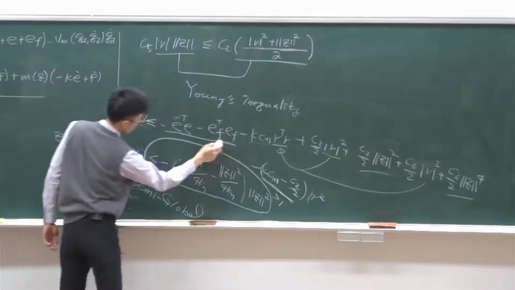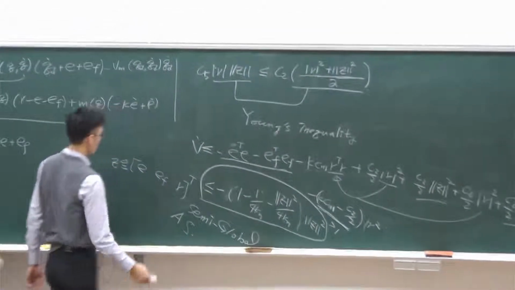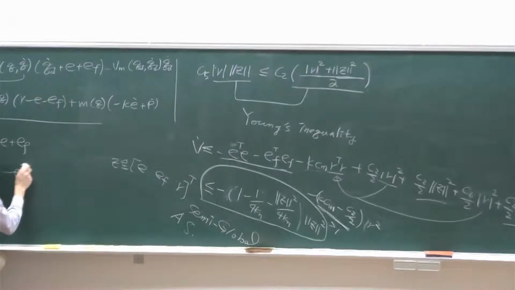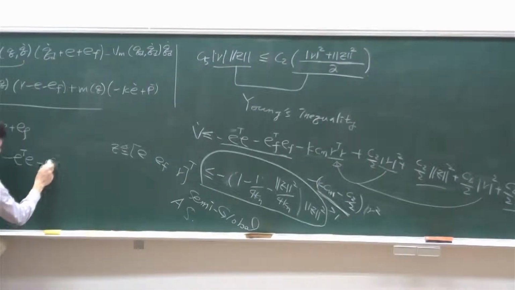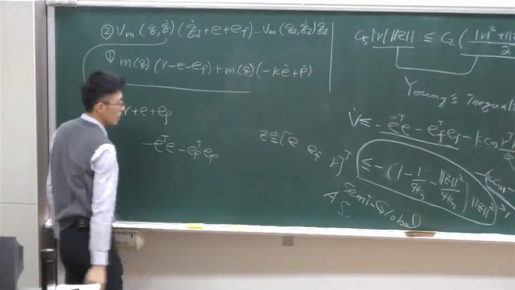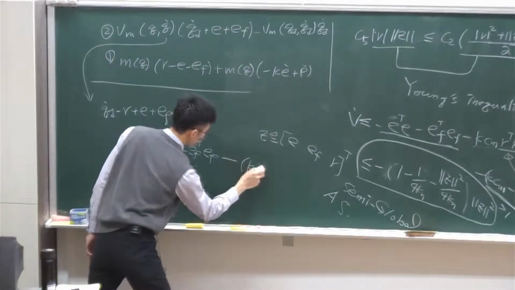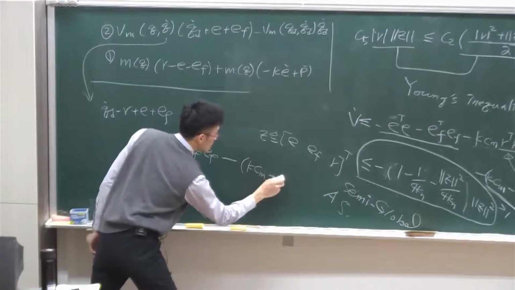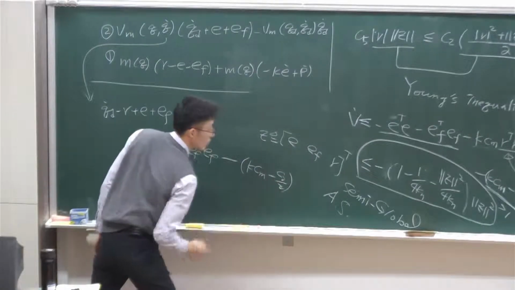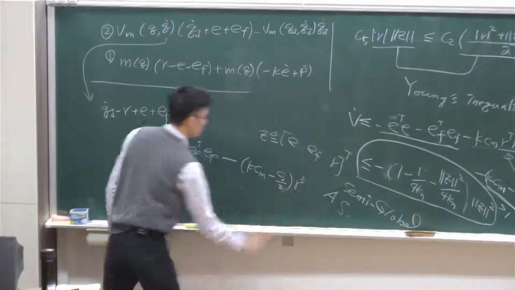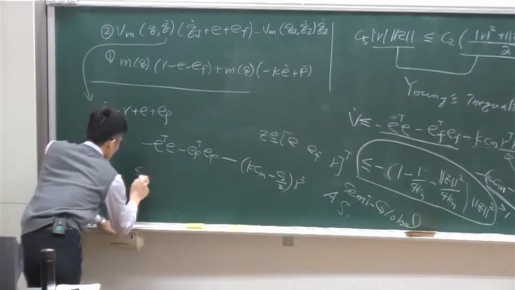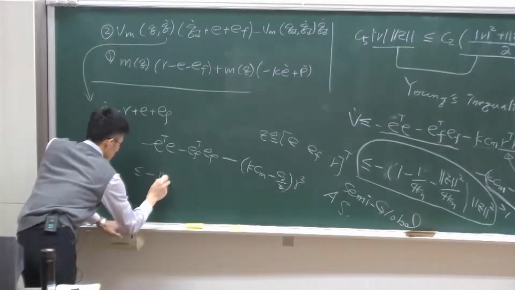You want to combine these three terms together, right? You already have E transpose E minus EF transpose EF, okay? And then you have K Cm minus C2 over 2 R squared. And to upper bound this by minus Z squared.